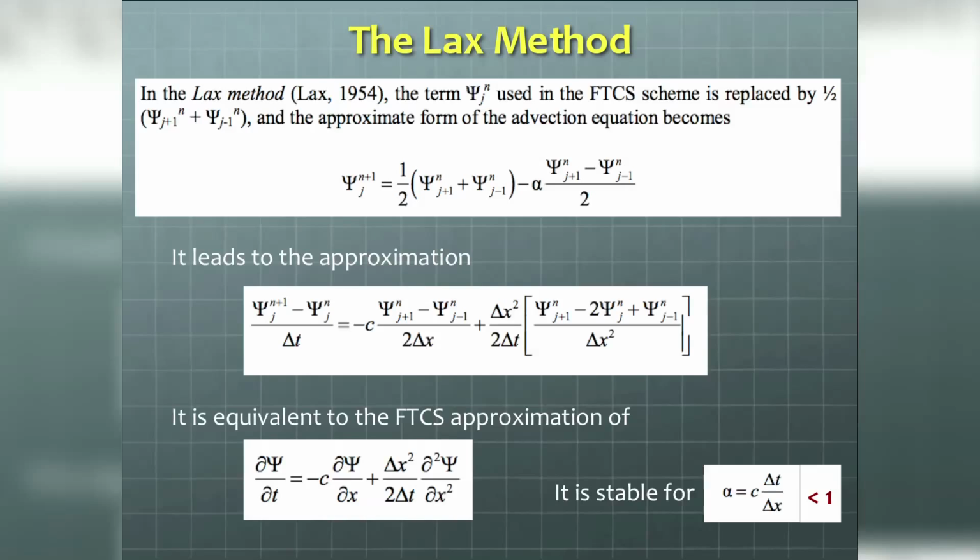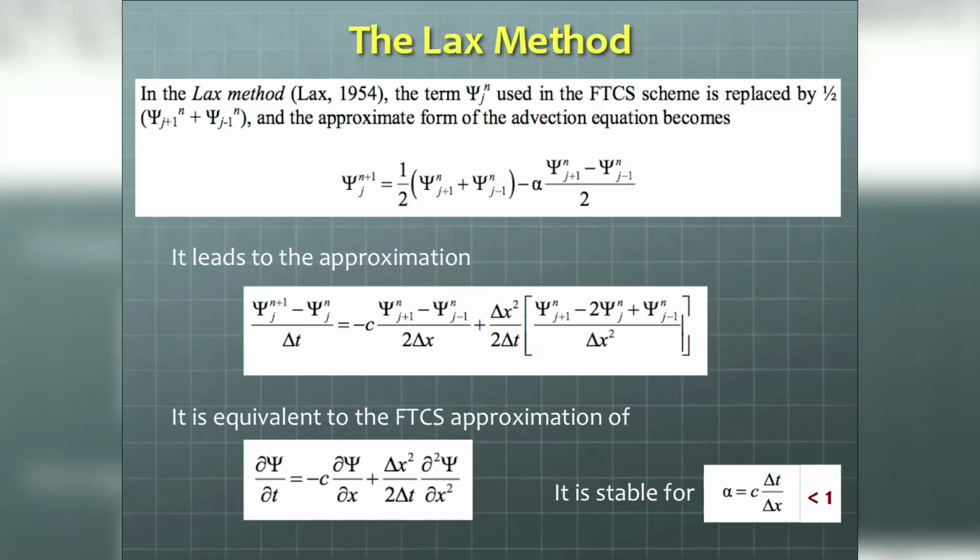And what you can see is that it looks like the equation that was blowing up, the unstable equation, plus a term that has the characteristic of a diffusion term. In fact, it is equivalent to solving not just the advection equation, but adding a term like this that has a diffusion coefficient equal to delta x squared over 2 delta t.